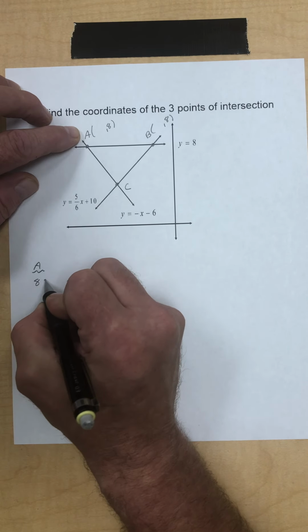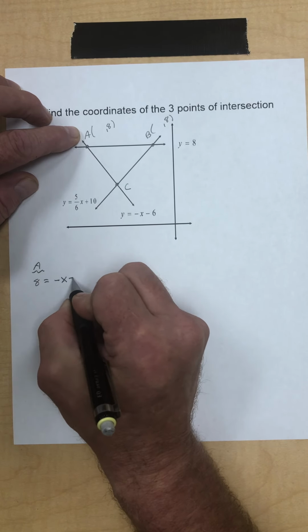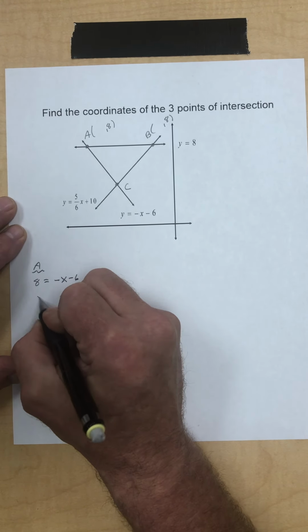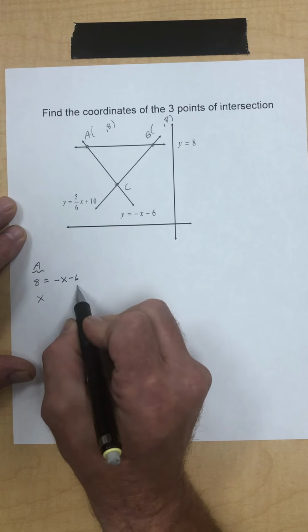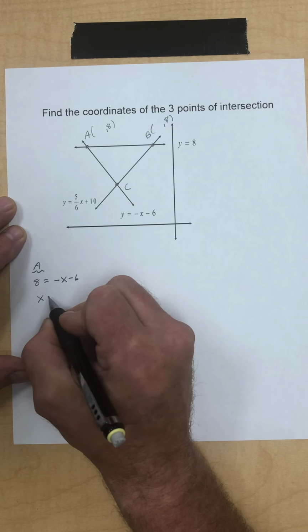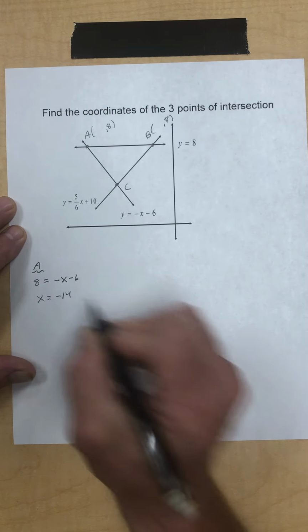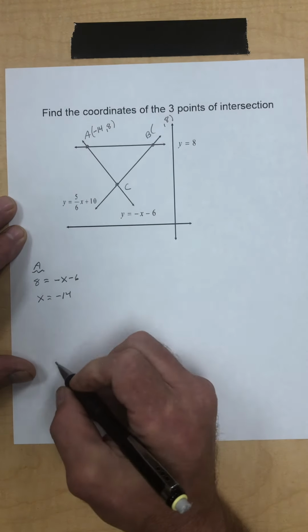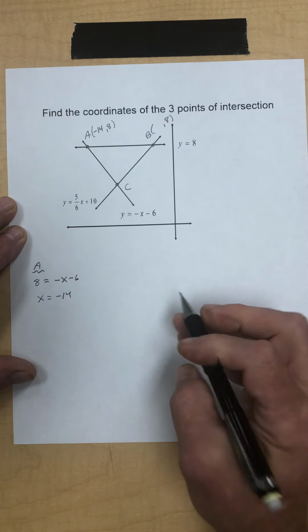So I get 8 equals negative x minus 6. Move the negative x over to become positive, which means I have to subtract 8 from both sides, so negative 6 minus 8 is negative 14. So I should get negative 14 here. We're good there, and I already know my y-coordinate is 8.